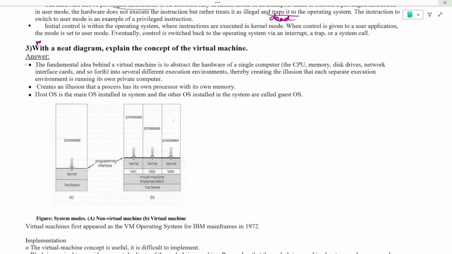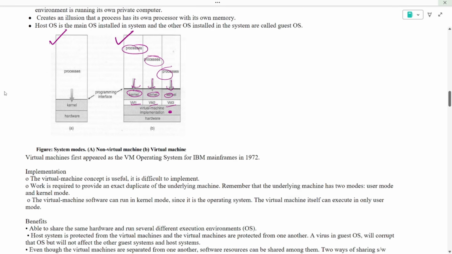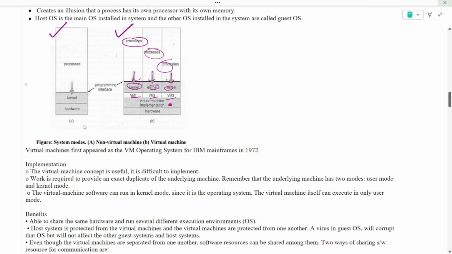Here it is a non-virtual machine, and here it is a virtual machine. You can see the hardware with a virtual machine implementation. Virtual machine 1, 2 and 3 will be there, with a kernel, and processes will be executed. In the non-virtual machine, only one process will be done at a time.